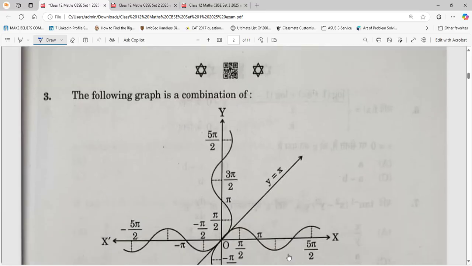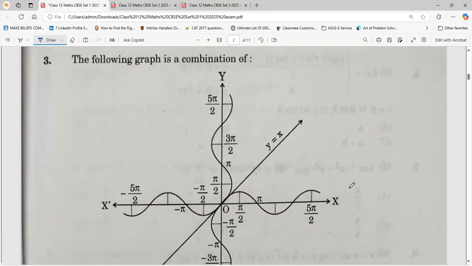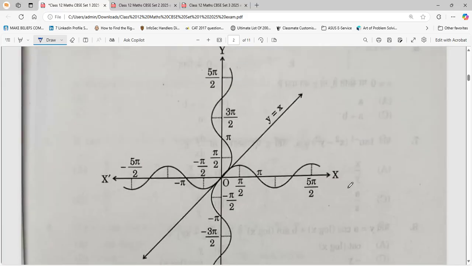The following is a graph. The following graph is a combination of, as we can see, it has X-axis and Y-axis, so it's a combination of a trigonometric function and an inverse trigonometric function. It looks like a sine graph.